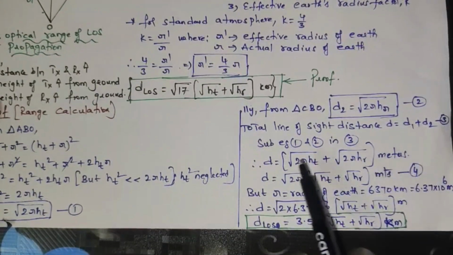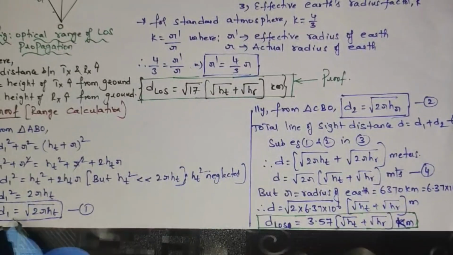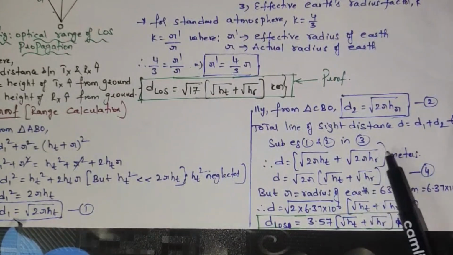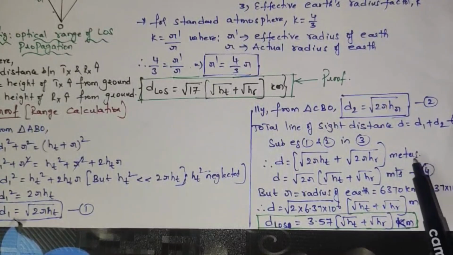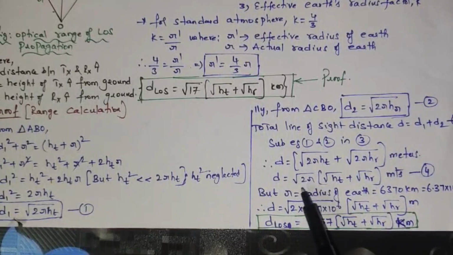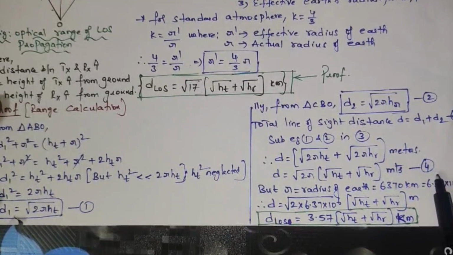Now substitute equations 1 and 2 in equation 3: d1 is the square root of 2rHT plus d2 is the square root of 2rHR in meters. Now separate the square root of 2r, then the equation becomes square root of 2r into square root of HT plus square root of HR in meters. Let it be equation 4.